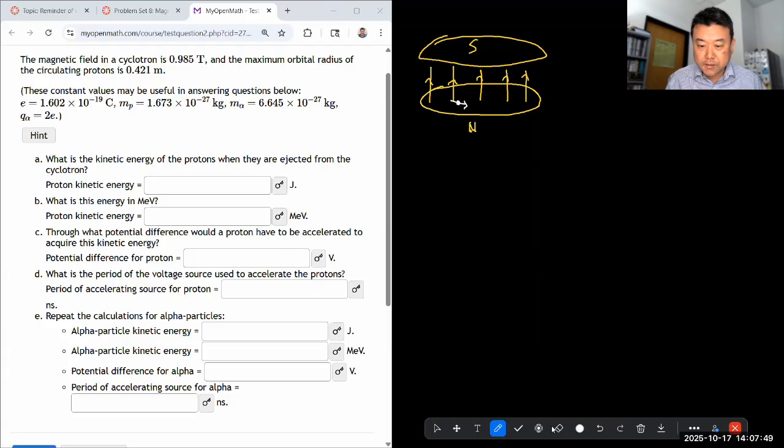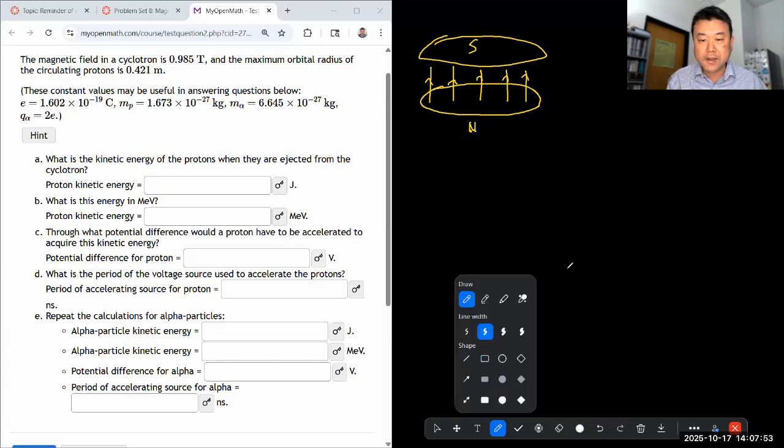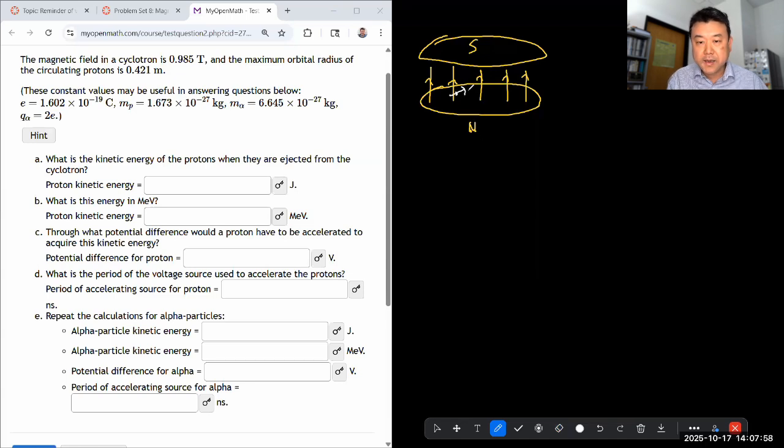For a particle moving in that direction, I should really have it going on the back side there. Okay, V cross B, let me double check it from my perspective. There's going to be a centripetal force pulling it inward. So this particle will end up tracing a circular path as it's moving, and there will be a centripetal force pointing towards the center of the circle as the particle is moving.